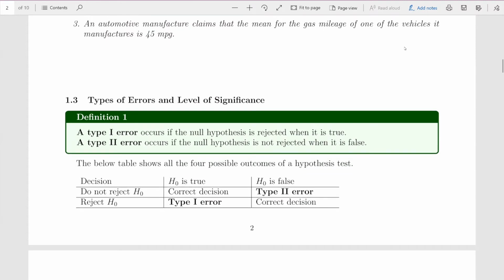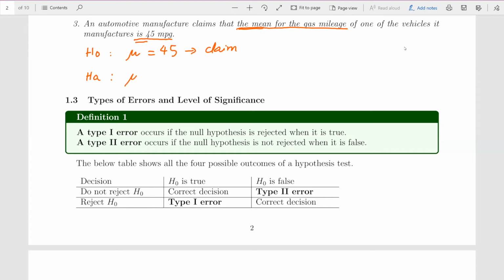Next one, an automotive manufacturer claims that the mean gas mileage of one of the vehicles it manufactures is 45 miles per gallon. Again, you need to come up with the null and the alternative hypotheses. This one has an equals, so the null hypothesis is that the mean of the population equals 45, which is the claim.